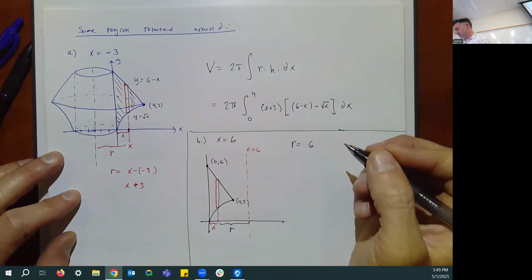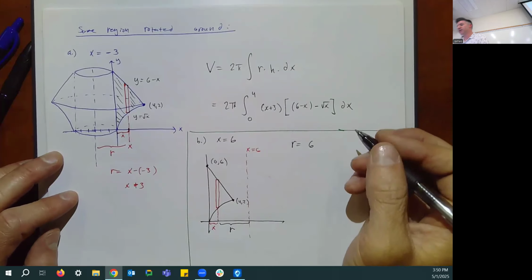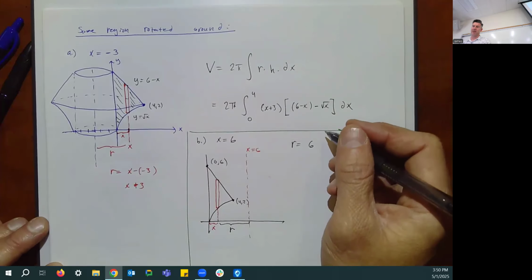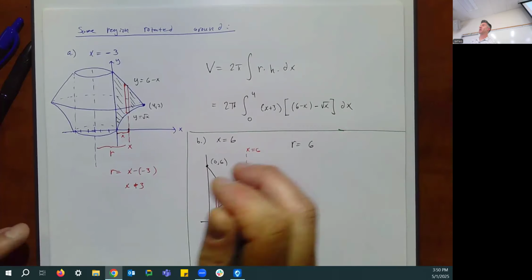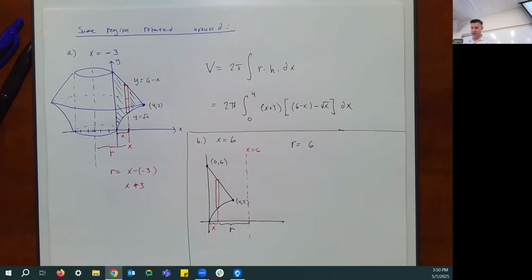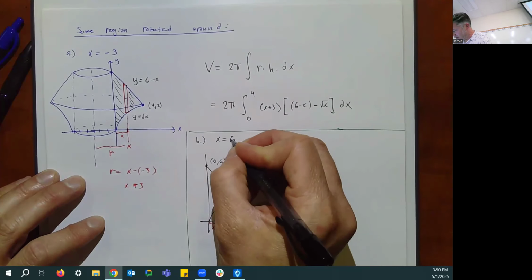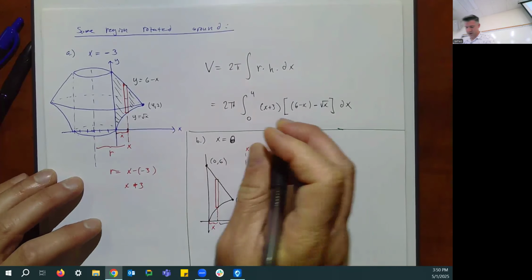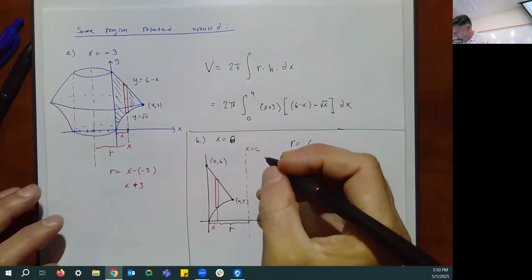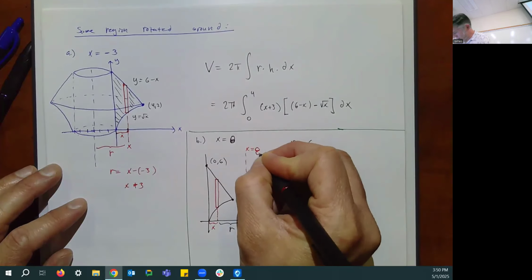Here the radius is going to be 6. No, I don't love that choice. It's not terrible. I just don't like that my radius is going to look the same as one of my functions. I just feel like that might be slightly confusing. Let's call the axis of rotation 8 instead of 6, because it's easy to turn a 6 into an 8. Cool.